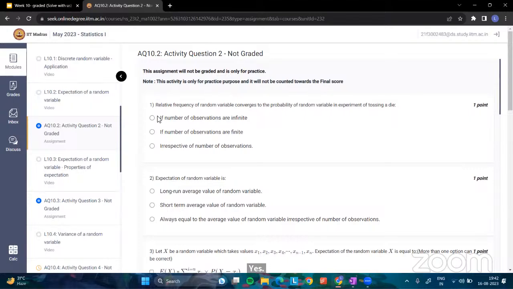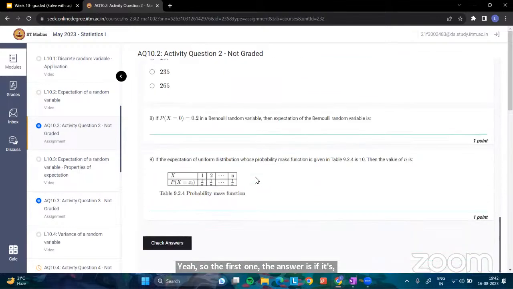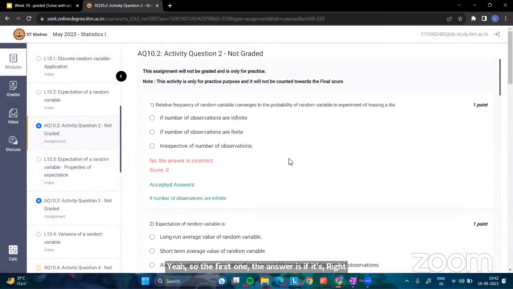Yeah, so for the first one, the answer is if it's infinite, right? It was in lecture number 2. I'm not sure how to explain it actually.